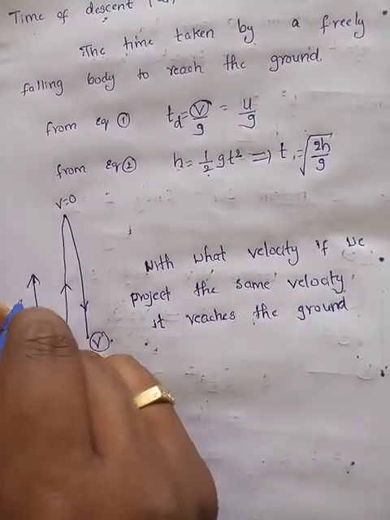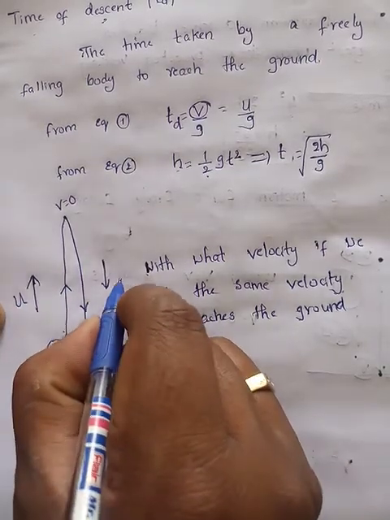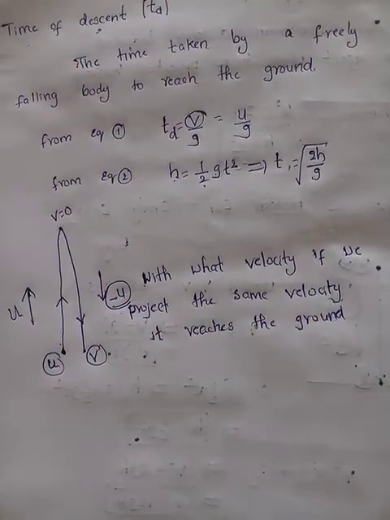So while projection u is positive, while coming back it moves with minus u.